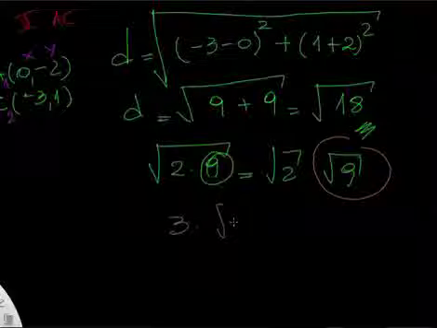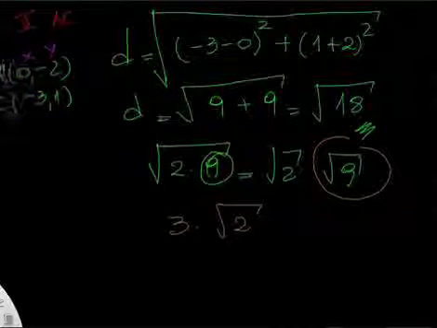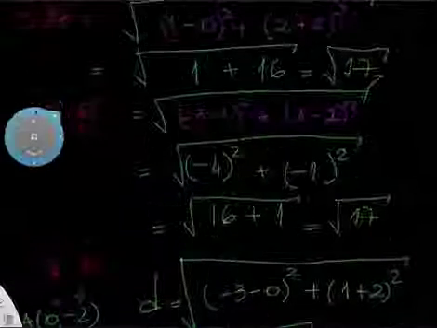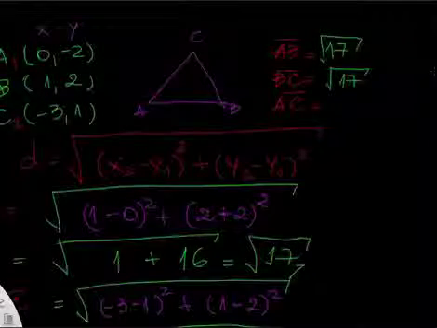So this is my final simplest form of the radical. Now I can say that the 3 points form an isosceles triangle. There you go.